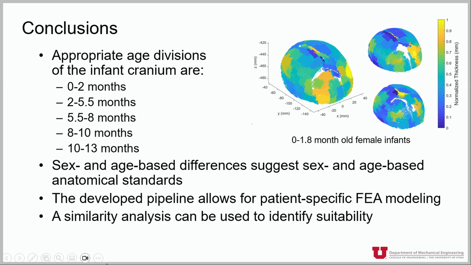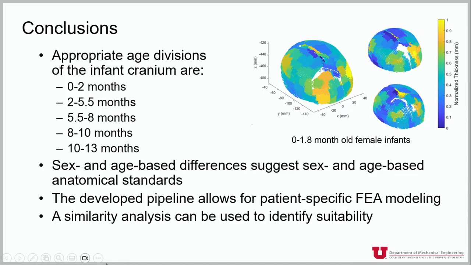So the conclusions of this small study were that we identified appropriate age divisions. Actually, I think in my abstract for this talk, I said I defined age divisions. This is something we actually did at the end because I just wasn't comfortable, and so we defined these age divisions. And I really do think that's a strength of this study, trying to identify what, in this time period of rapid development in an infant, are appropriate age divisions that we really need to be looking at.